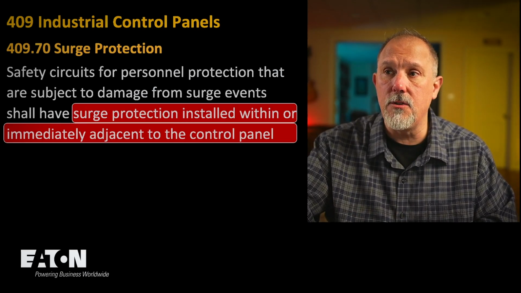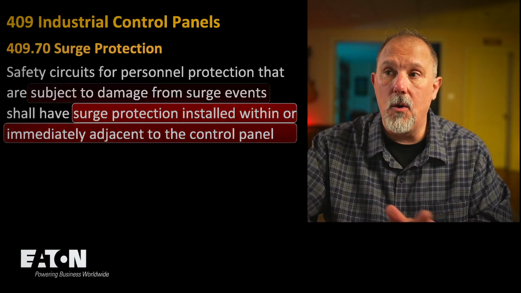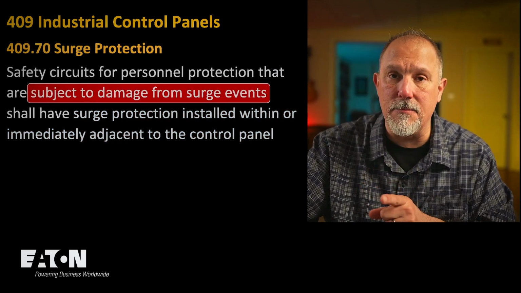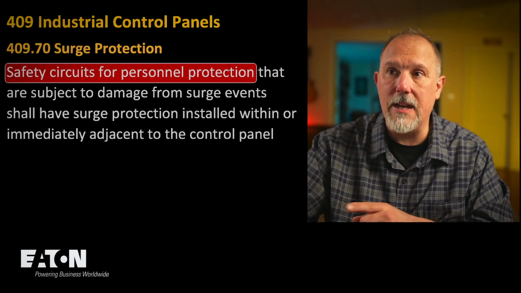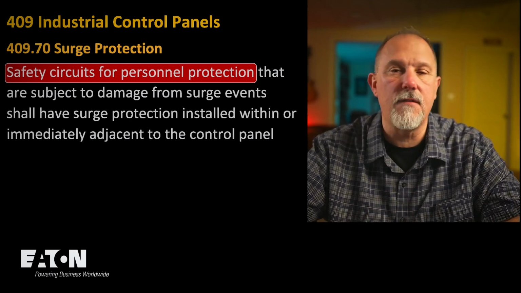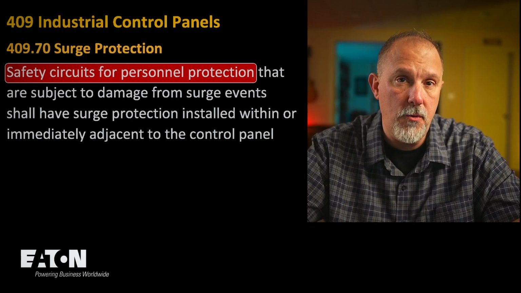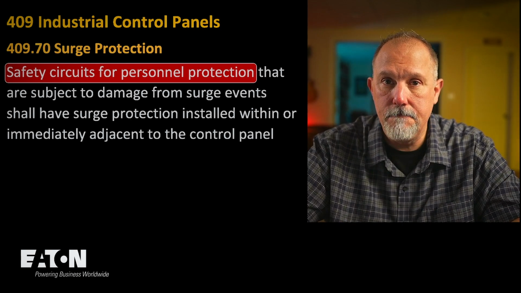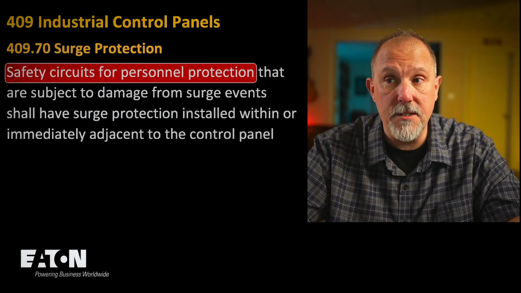You're either going to provide surge, just put it on and be done with it, or show that it's not subject to damage from surge events, or show that it's not a part of a safety circuit for personnel protection. That would be a discussion between you and the AHJ. My opinion on that matter doesn't matter. Yeah. The AHJ's opinion does.